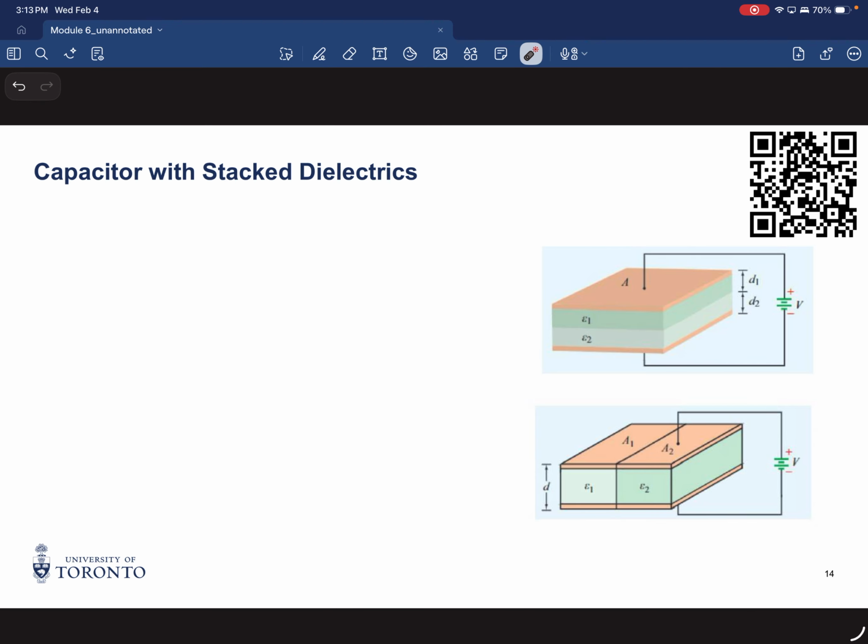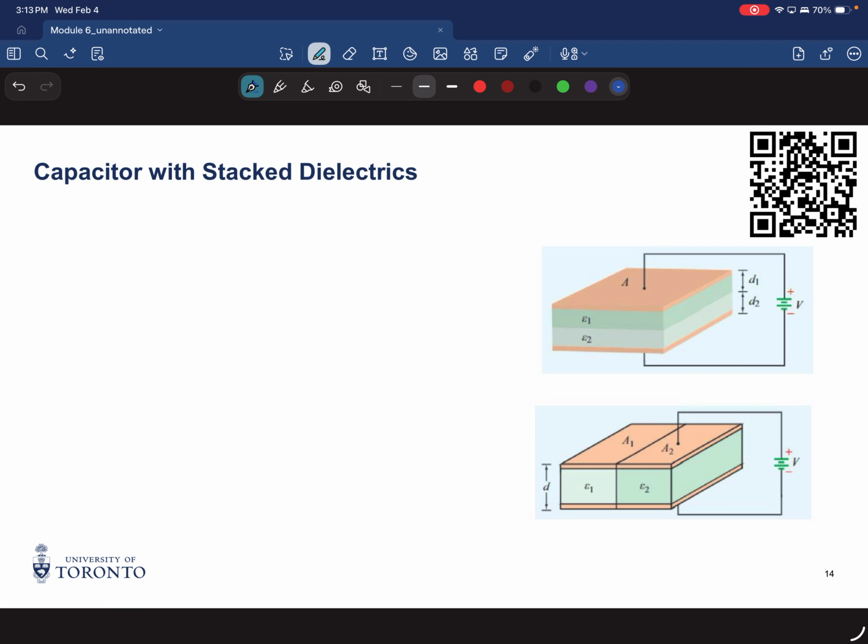So now, what if the dielectric inside the capacitor, between the conductors, is a combination of two dielectrics? Either they're stacked vertically or they're stacked horizontally.